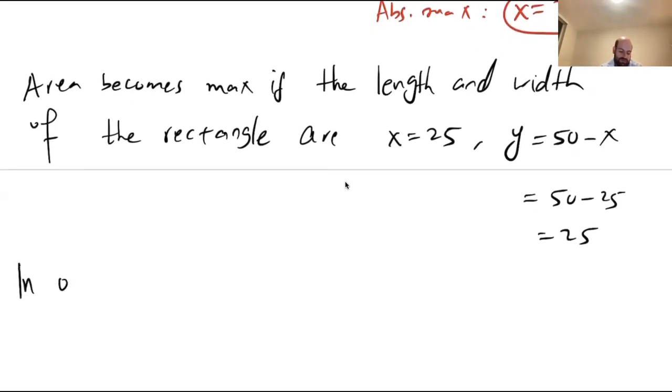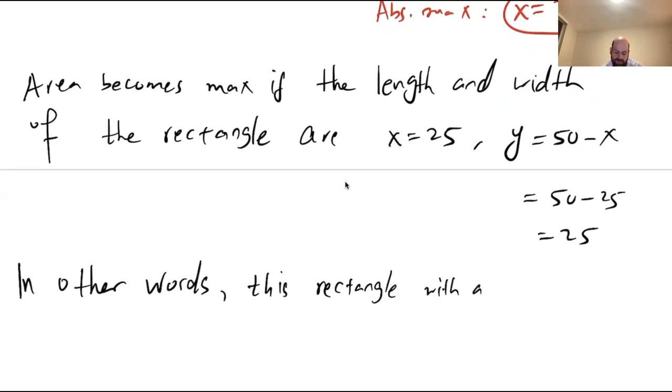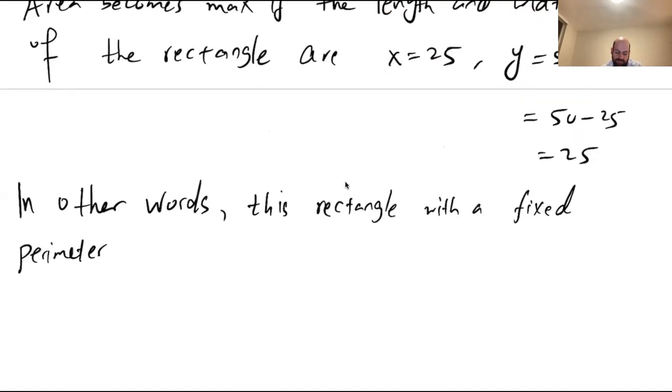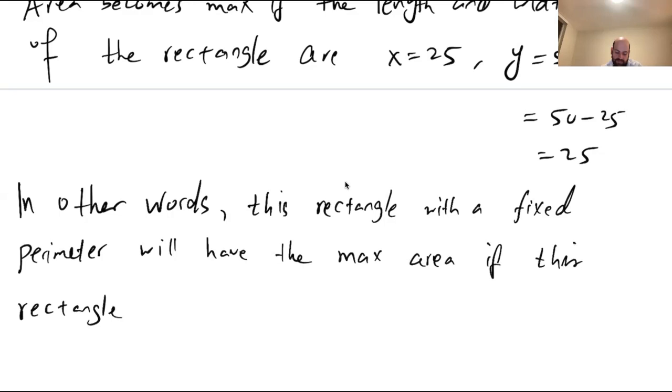In other words, this rectangle with a fixed perimeter will have the maximum area if this rectangle is a square.